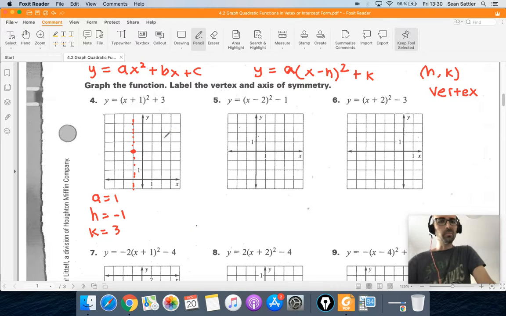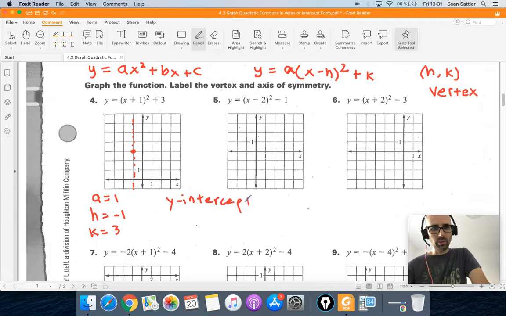And now, one other point that's going to be nice to find here is the y-intercept, and I'll show you how to find that. Y-intercept. So remember how to find y-intercepts before with lines. We plug in 0 for x.